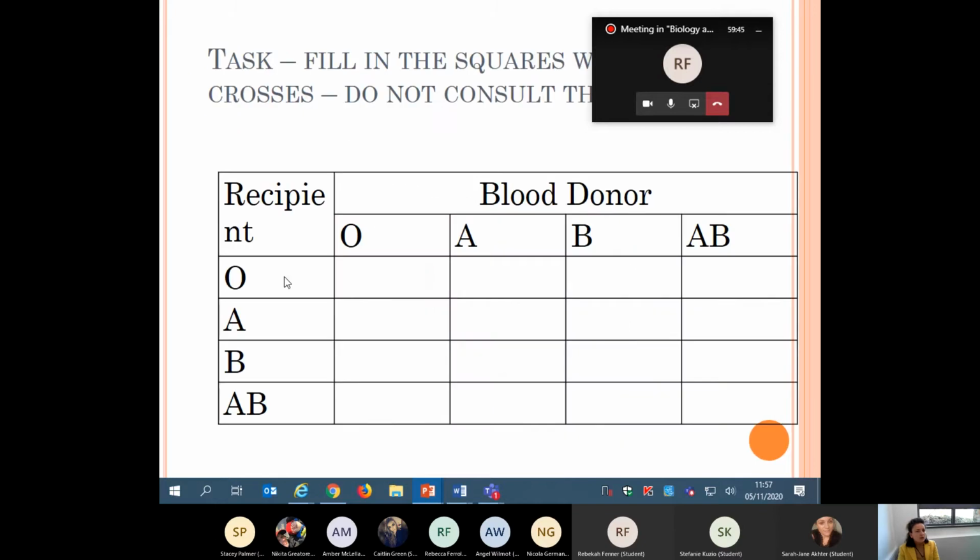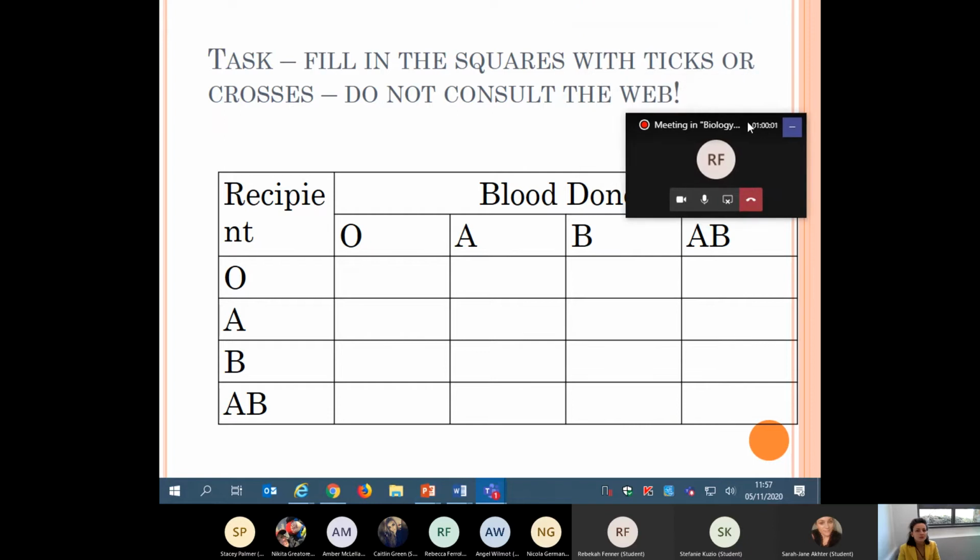So I'd like you to have a look at this table. No cheating. No looking it up online, okay? I'm relying particularly on people on Teams, because it's easy for you to quickly look it up. So don't be tempted. Do not consult the web.